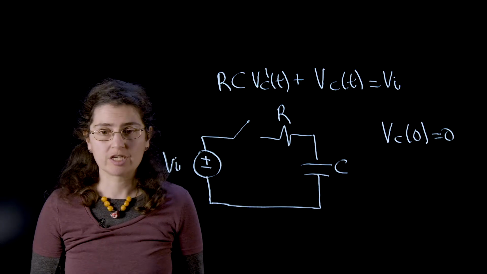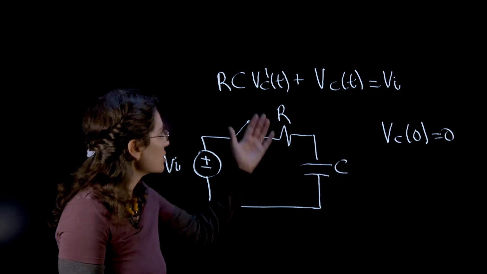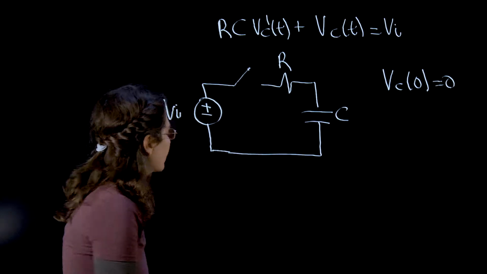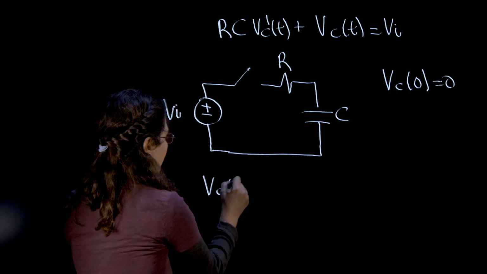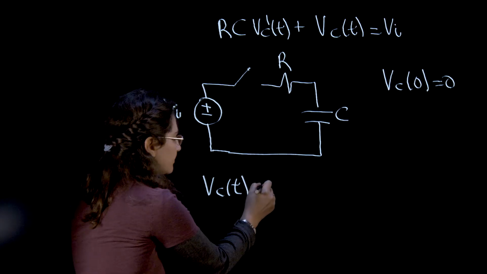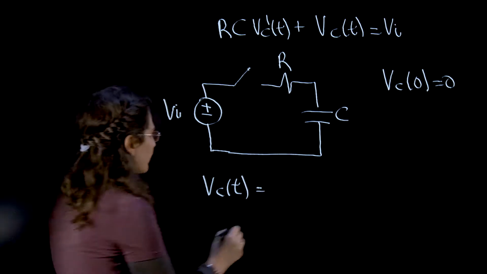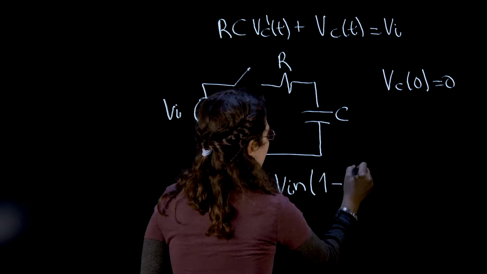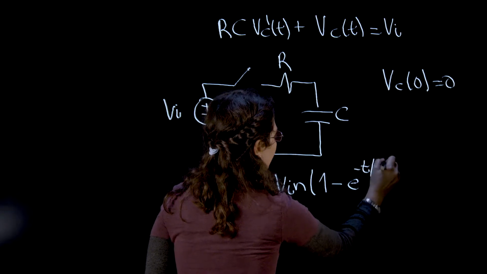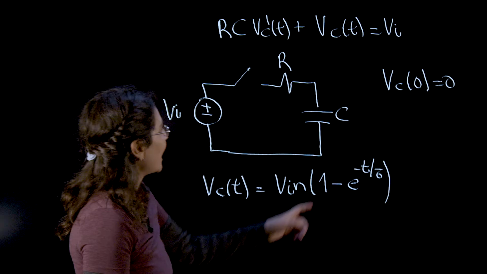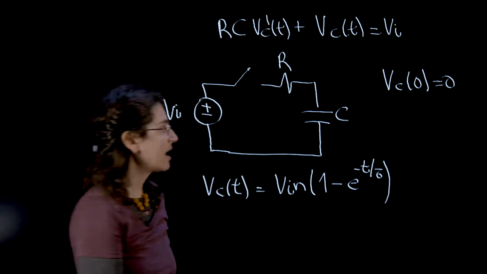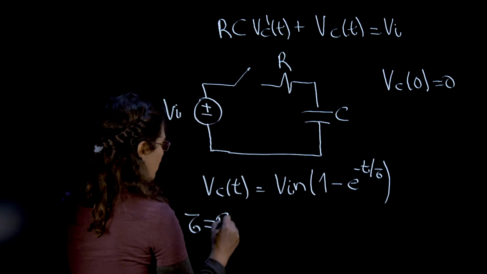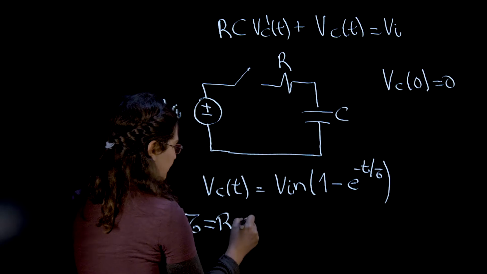Those are our initial conditions, and with those, the solution for the voltage in the capacitor from this differential equation is V C of t equals the input voltage times 1 minus e to the minus t over tau. In this case, tau is called our time constant and is equal to R times C.